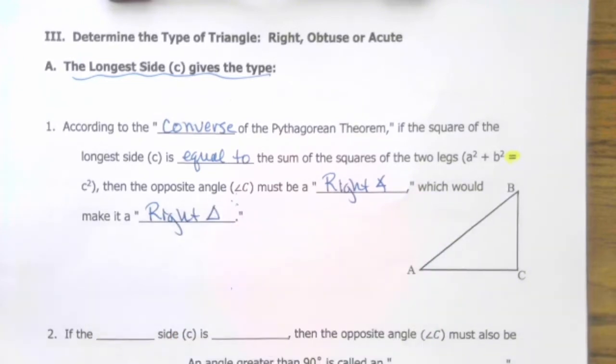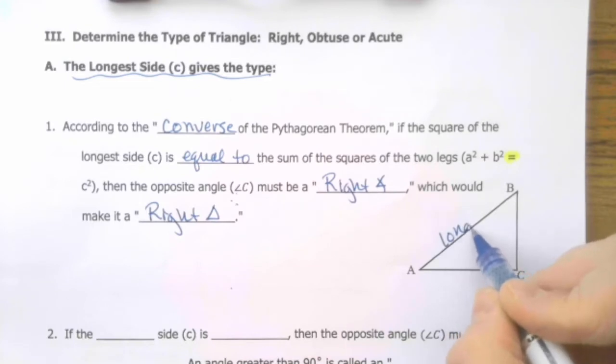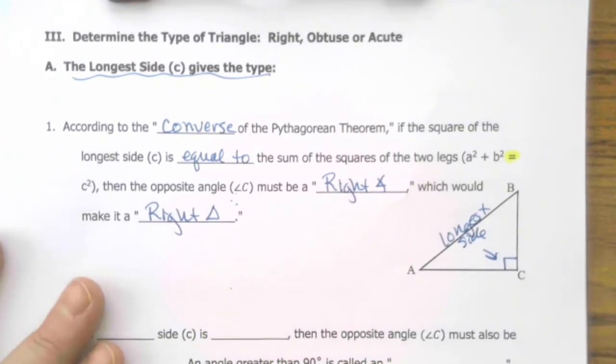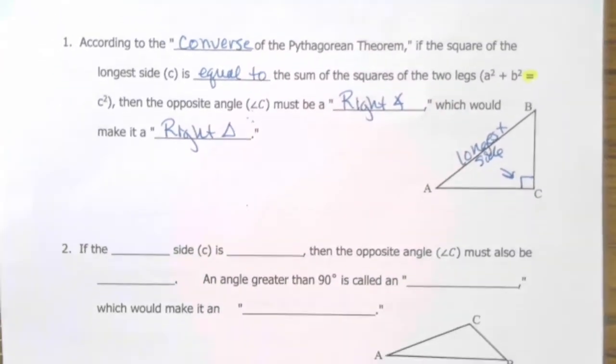So that's the one we already have. Remember that the longest side is always the one opposite the right angle. Okay, so that's situation number 1, where it turns out to be a right triangle.